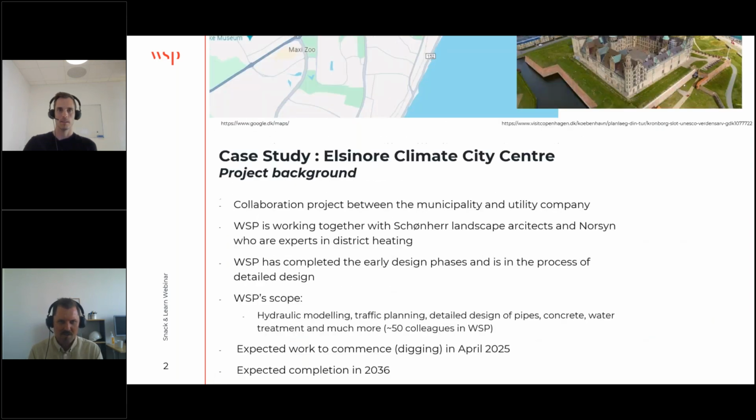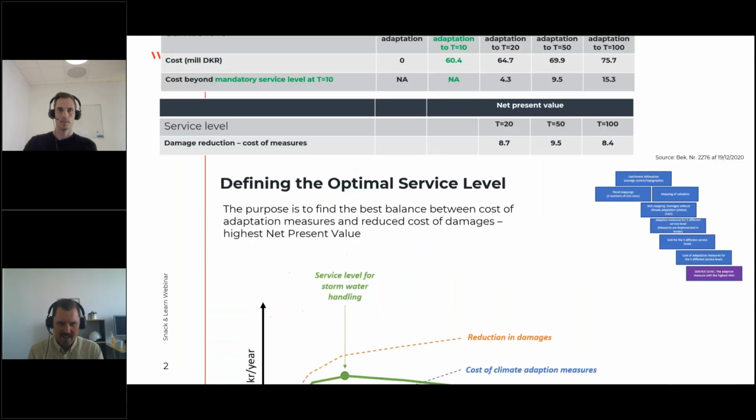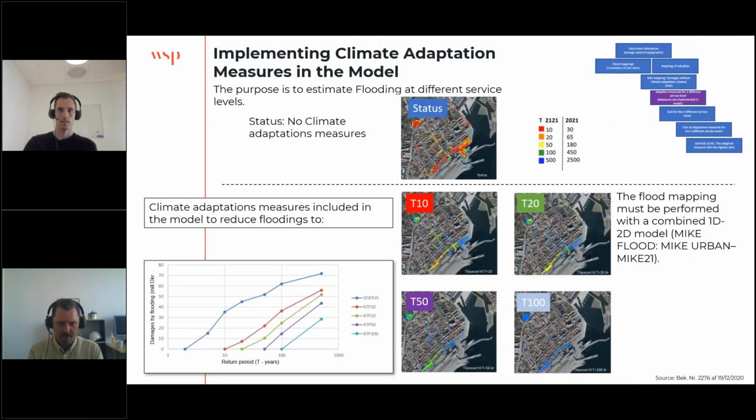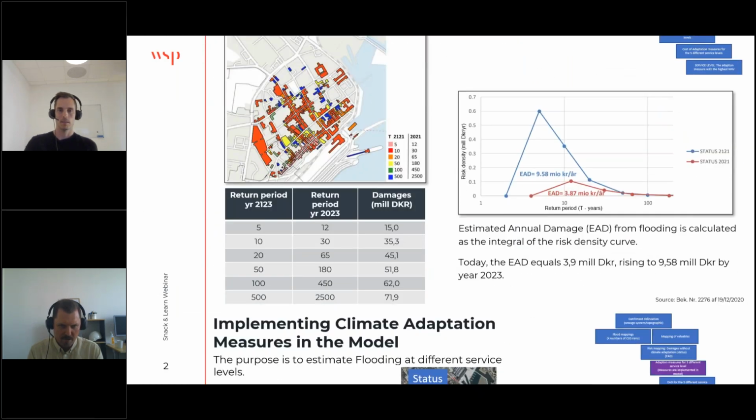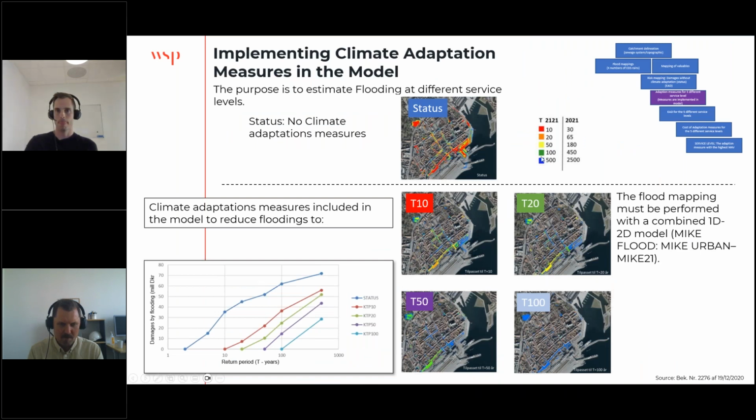I think Jens will flip through the slides. Yeah, you have it here. One up, Jens. Oh yeah, okay, exactly. Yeah, a 50-year event in 100 years from now corresponds to a 180-year event today.